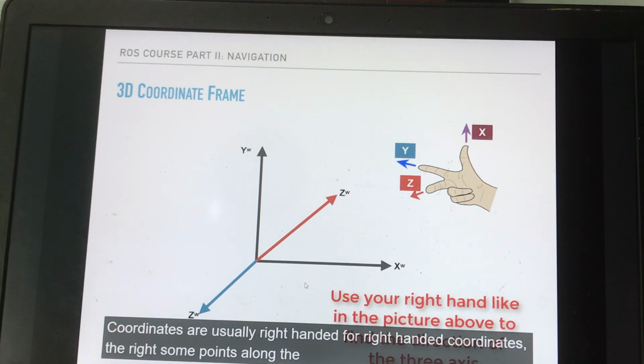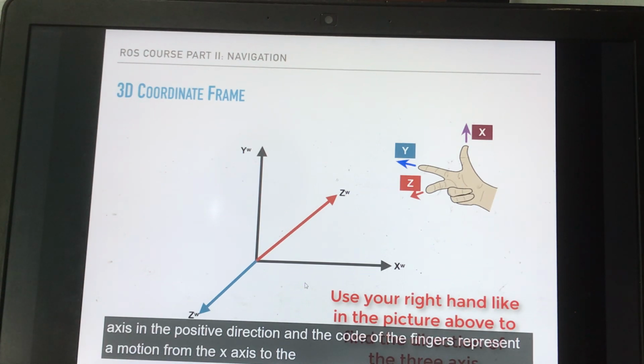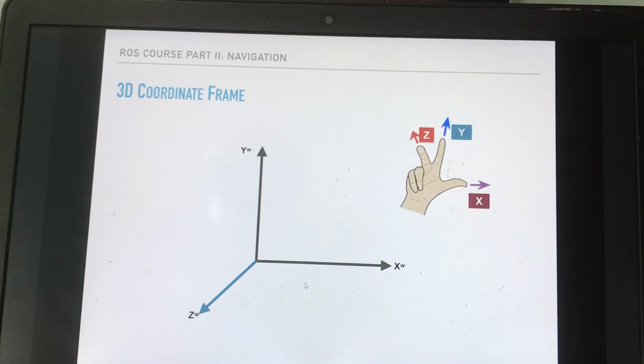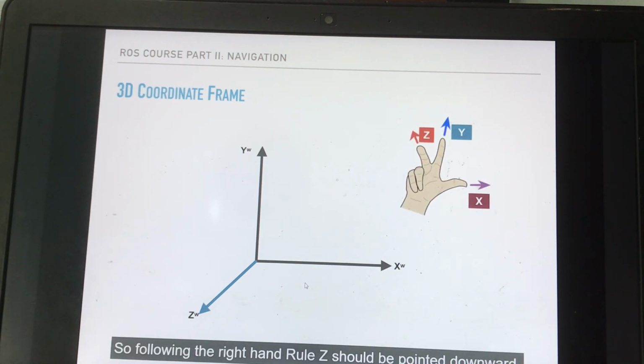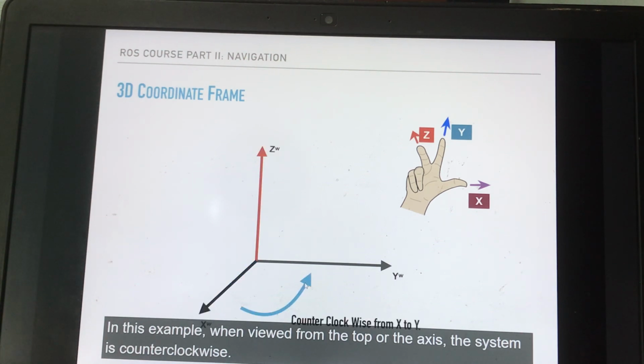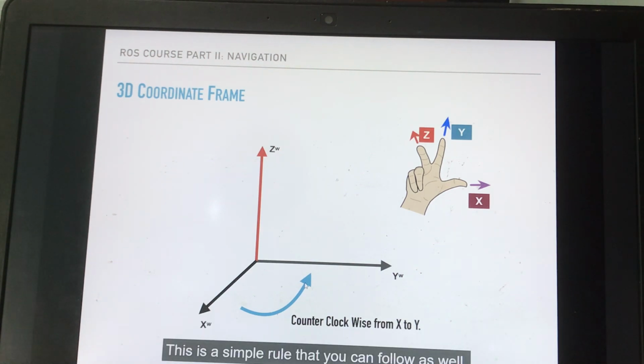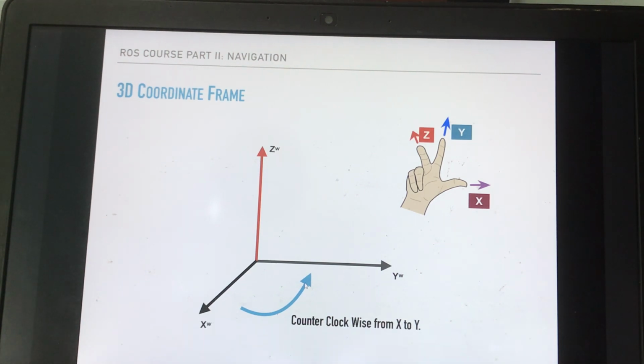For right-handed coordinates, the right thumb points along the z-axis in the positive direction, and the curve of the fingers represents a motion from the x-axis to the y-axis. So, following the right-hand rule, z should be pointed downward in this example. When viewed from the top of the z-axis, the system is counterclockwise. This is a simple rule that you can follow as well.